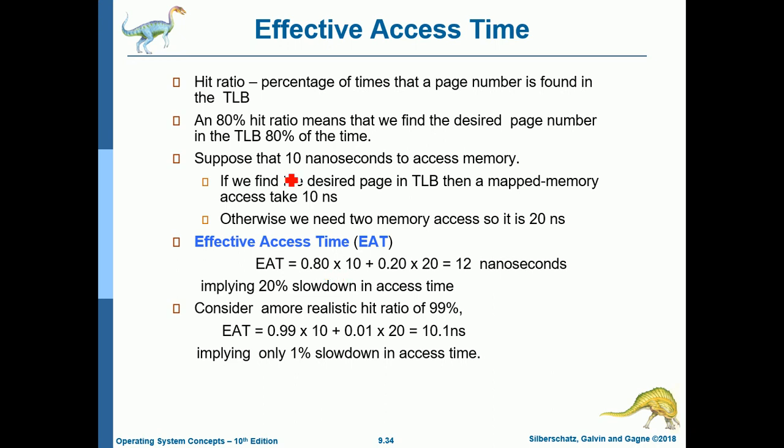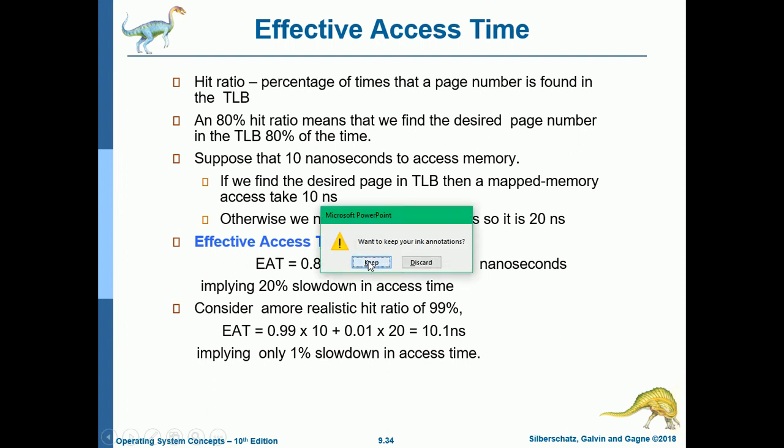We have 100 minus 80, which is 20%, or 0.20, times 20, since if it's a TLB miss, it accesses the memory 2 times. That's why 2 times 10, so we have 20. The total is equal to 12 nanoseconds.